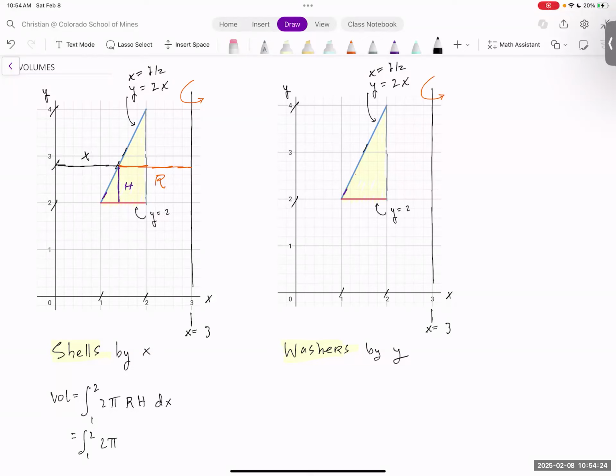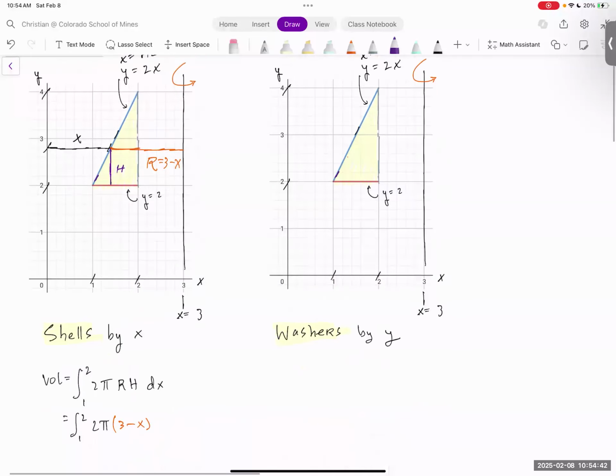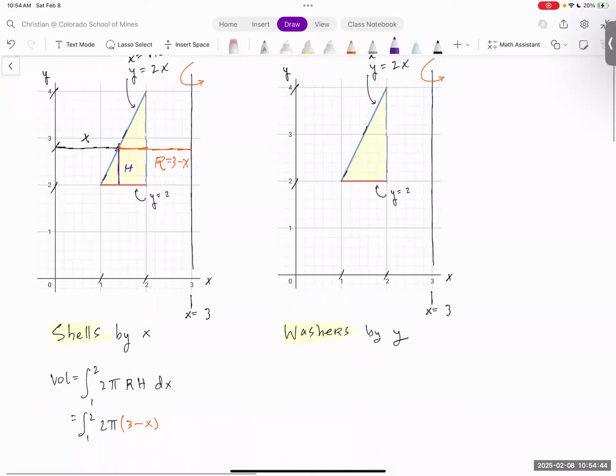So our radius is going to be 3 minus x, because the distance from the y-axis out to the axis of rotation is 3. So we have 3 minus x for the radius. The height was the top curve minus the bottom curve, 2x minus 2, dx.